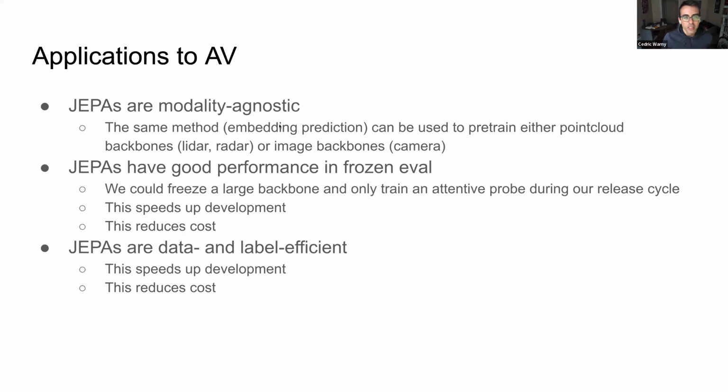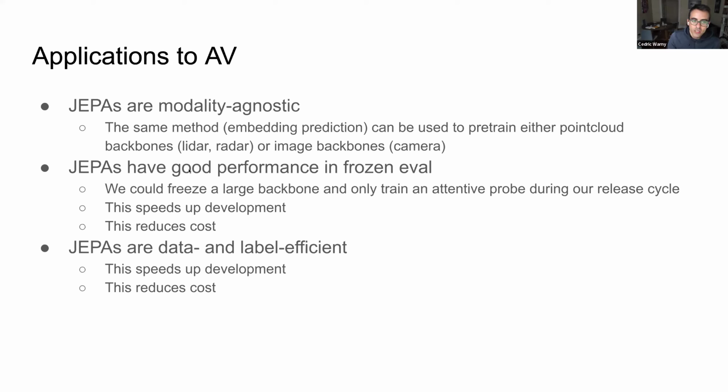So the same method, meaning embedding prediction, can be used to pre-train either a point cloud backbone or an image backbone, because it all operates in embedding space, essentially. So all you need is some encoder, and then you're good to go. You do embedding prediction in that embedding space. So it's the same method that can be used with different modalities.